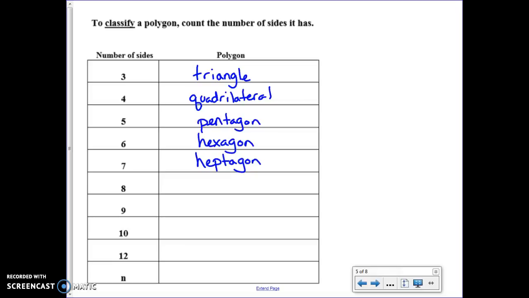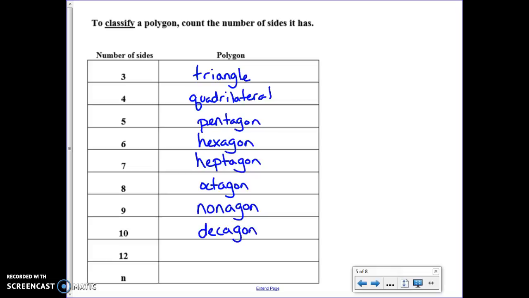An eight-sided is an octagon. The nine-sided figure is my favorite. It is a nonagon. 10-sided is a decagon. Think decade.